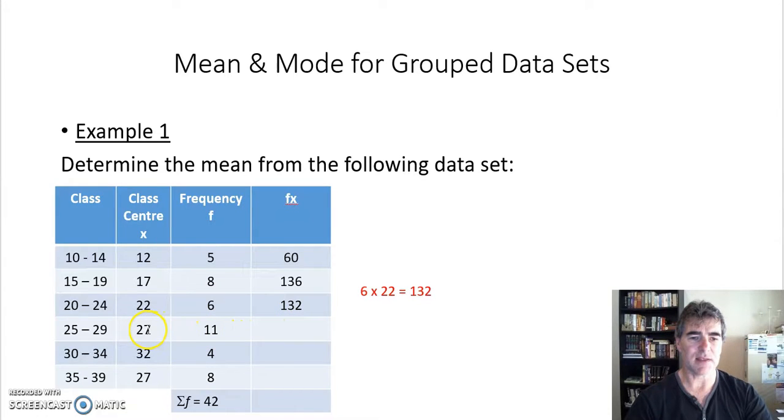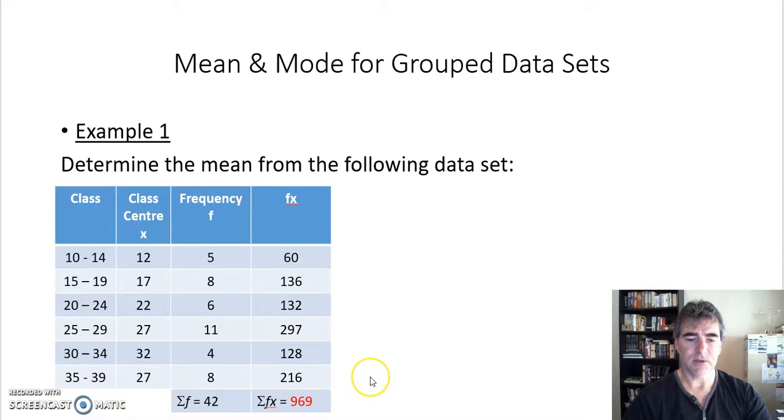Frequency times class center, and we do that for the rest of them. So that tells me the approximate total of the 5 scores in that class, the approximate total of the 8 scores in that class, and so on. What we also need to find is the approximate total of all 42 scores. So we add them up and we find that it's approximately 969.